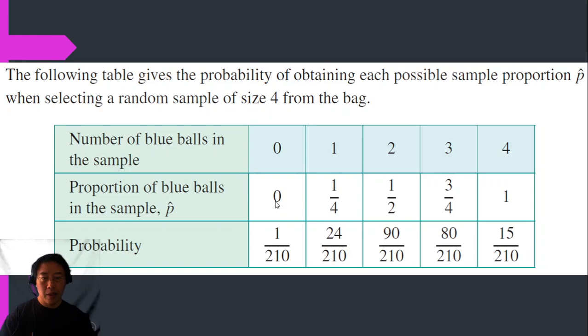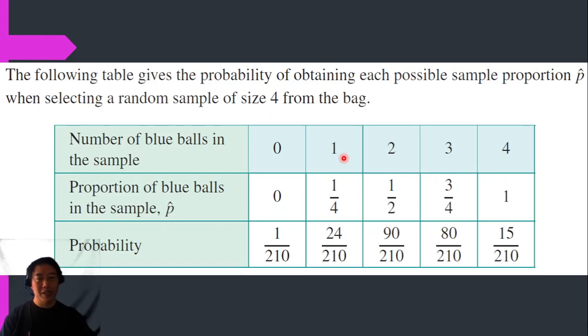What you're going to be interested in for your sampling distribution table is that the first row is going to be your proportion. So we're going to ignore the number of balls because that's your x variable. It's the number of blue balls.